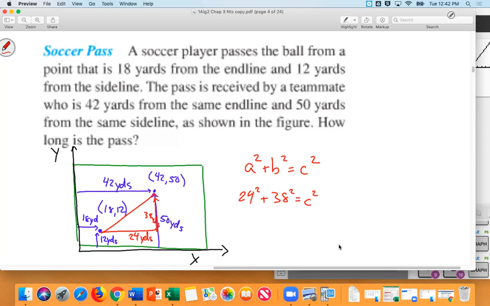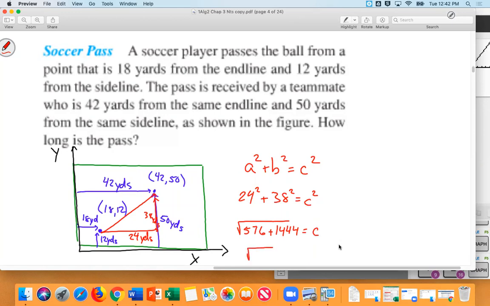So now I'm going to do the square root. 24 squared is 576. 38 squared is 1444. And we're going to take the square root of 576 plus 1444.